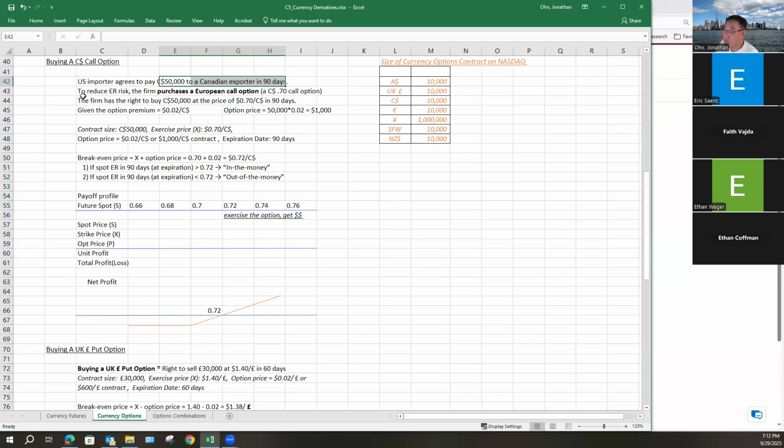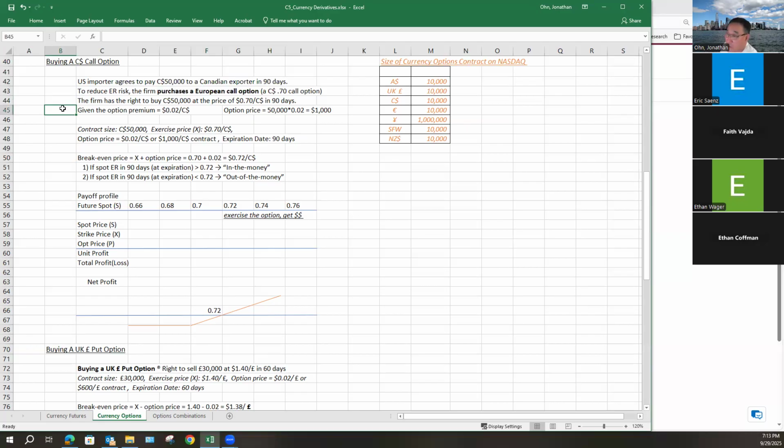So to remove exchange rate risk, our company purchased the European call option, the Canadian dollar call option at 70 cents per Canadian dollar, right? That means the company has the right to buy 50,000 Canadian dollars at the price of 70 cents per Canadian dollar in 90 days. It makes sense, right? That way, all uncertainty or exchange rate risk is eliminated.